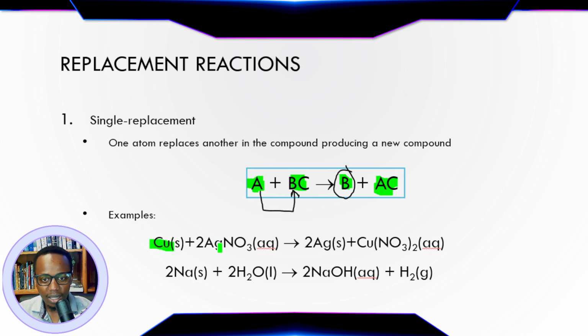You have copper by itself replaces silver, and then silver goes by itself, and then you have the combination, right? Now, let's look at an example because I want us to learn how to follow the same rules, right? So let's say you have aluminum plus calcium sulfate.